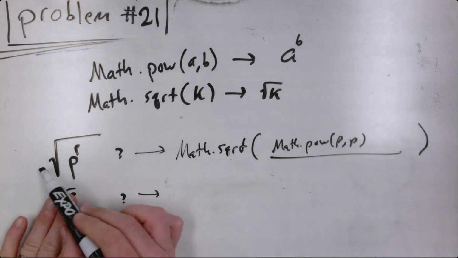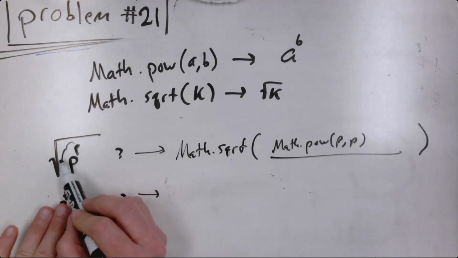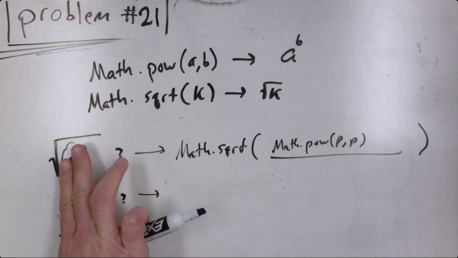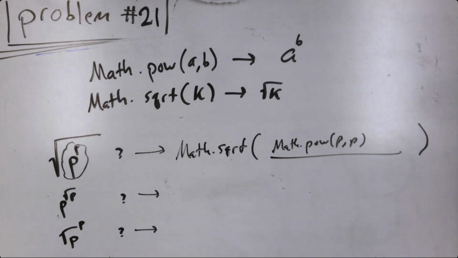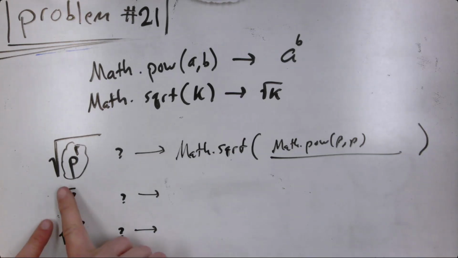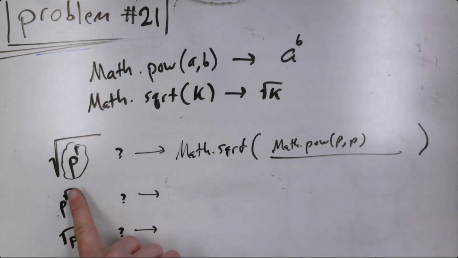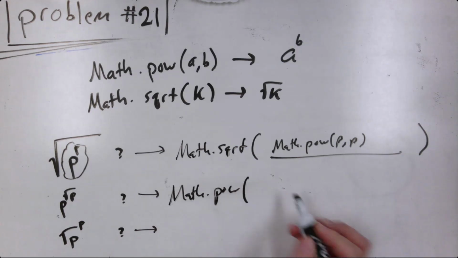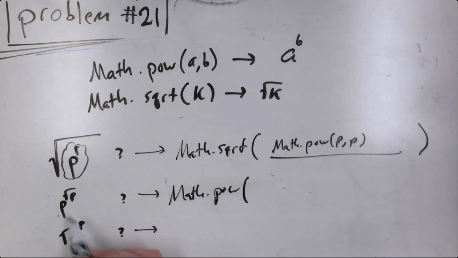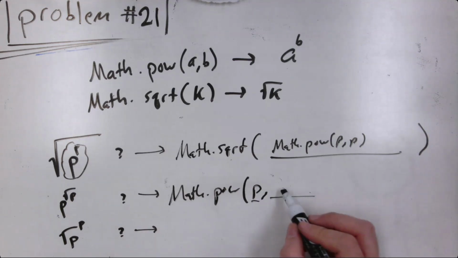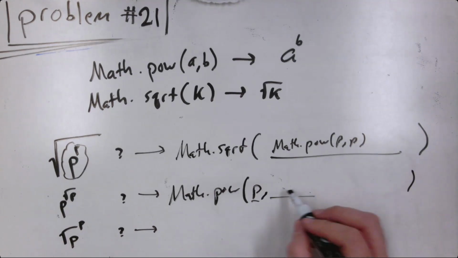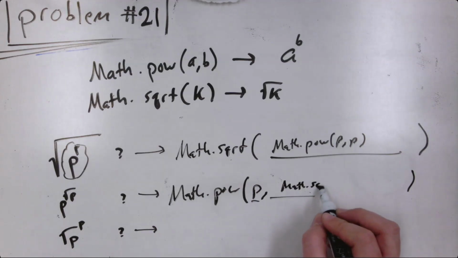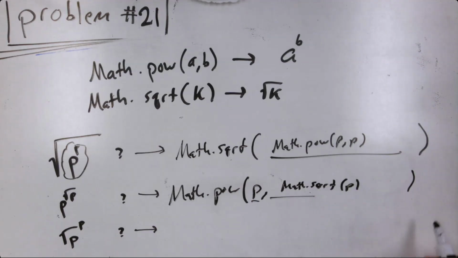Just like before, where I wanted the square root of something and decided what later, here I want p to the power of something, and I'll figure out that something in a second. So I'll do Math.pow. The base is just p, but the second input is the exponent, and that's where I want the square root. So then I could do Math.sqrt(p).